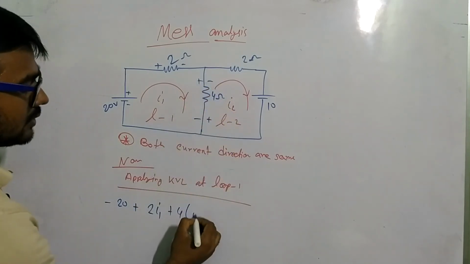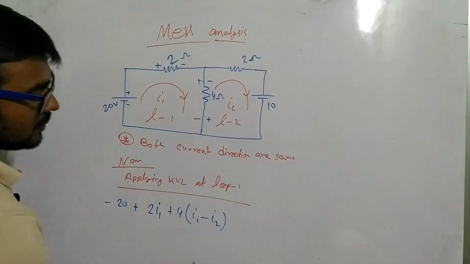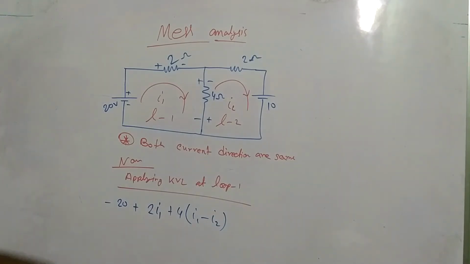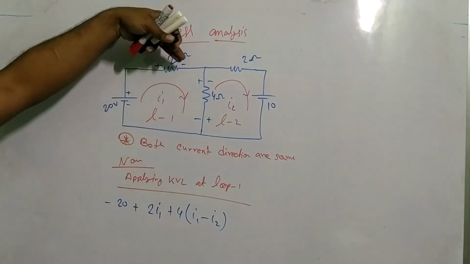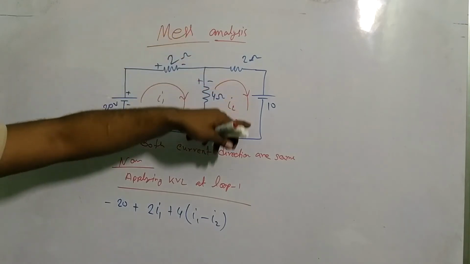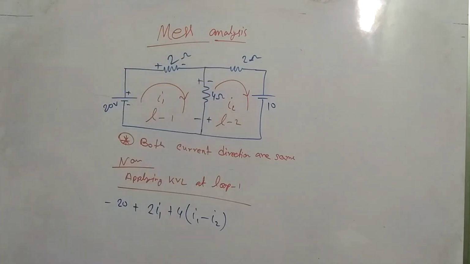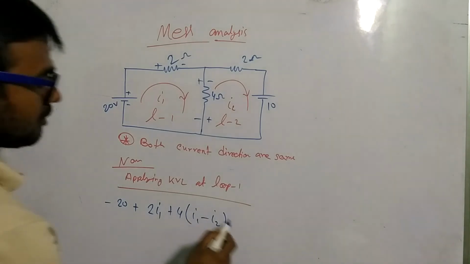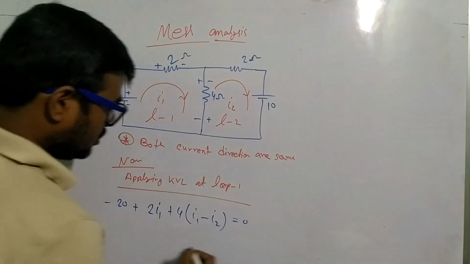So that's why I am taking I1 minus I2. Why I1 minus I2? Because this current enters the plus position and this current leaves through the minus position. From the 4 ohm resistance we can see that both I1 and I2 flow.